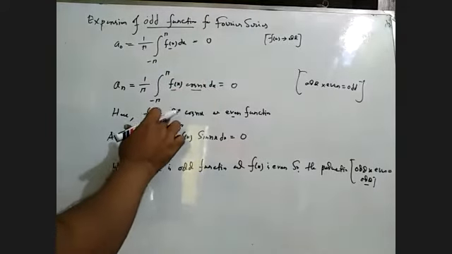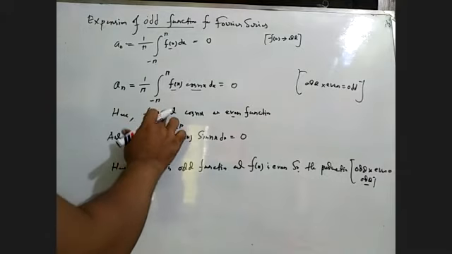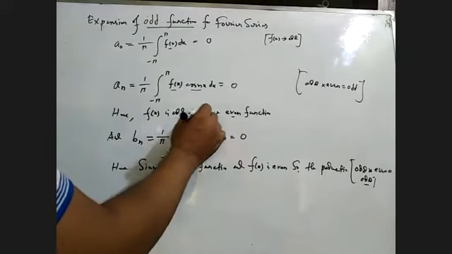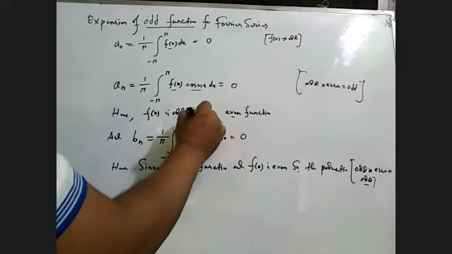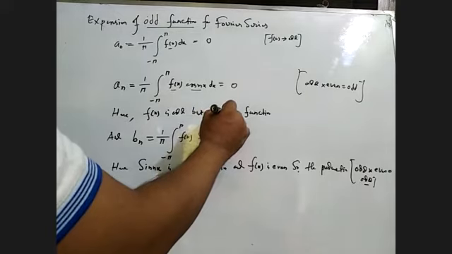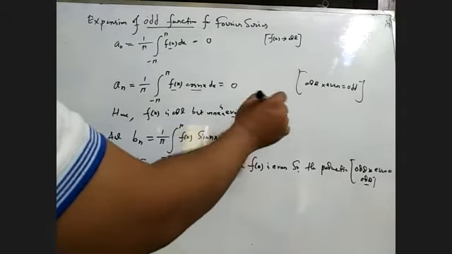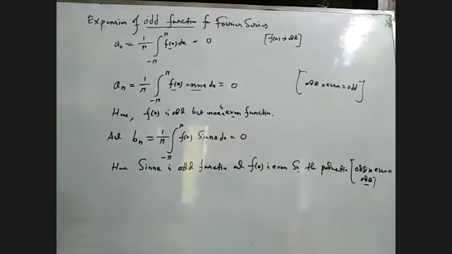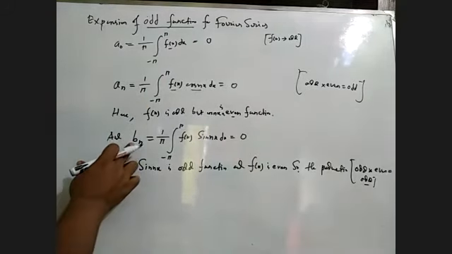Here f of x is odd, but cos nx is an even function. In that case, the value will be 0. Now what will be the sin coefficient value?